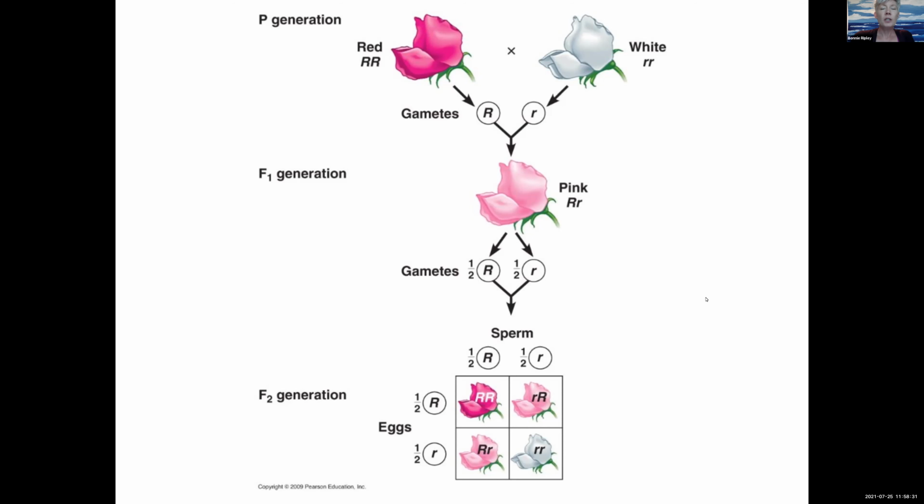Okay. So when we think about how the genotype is going to cause the phenotype, all of our offspring are going to be big R, little r, because one parent gave a big R, the other gave a little r. So those are going to be called heterozygote, meaning mixed or different, so big R, little r.